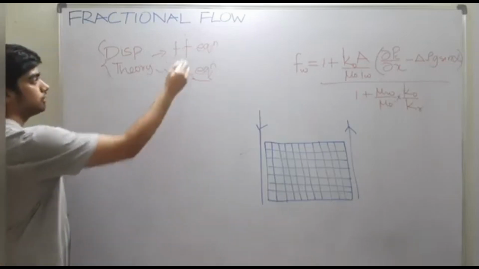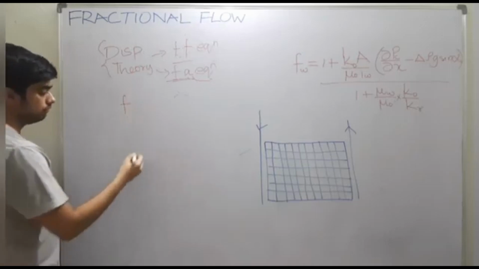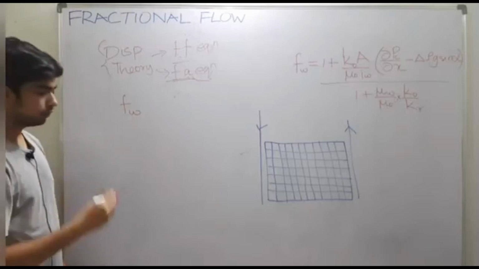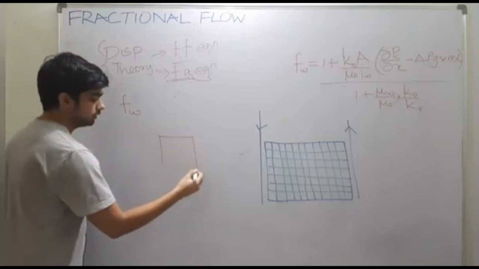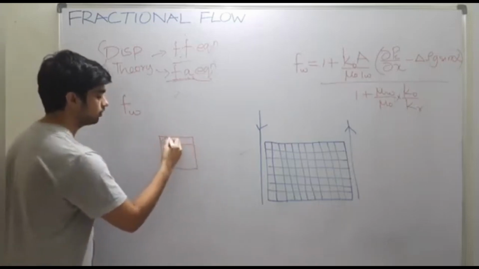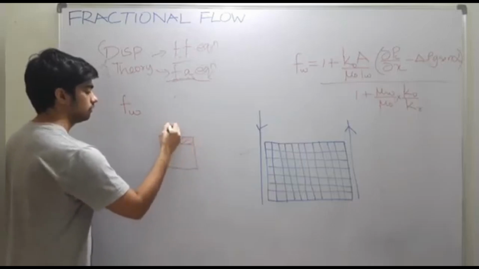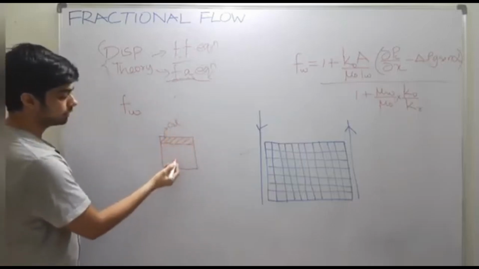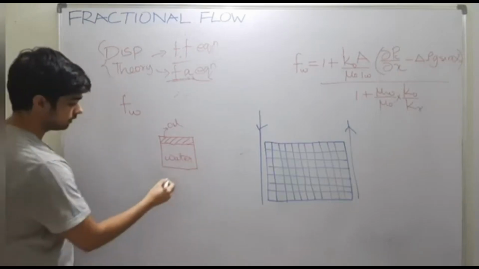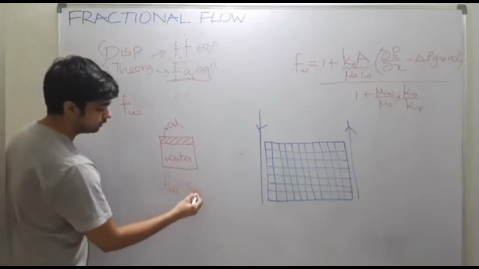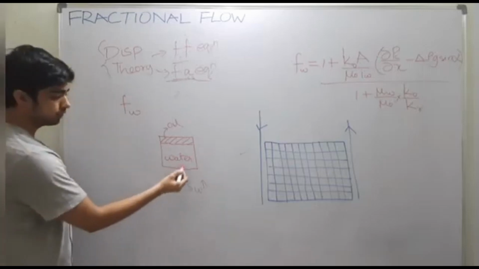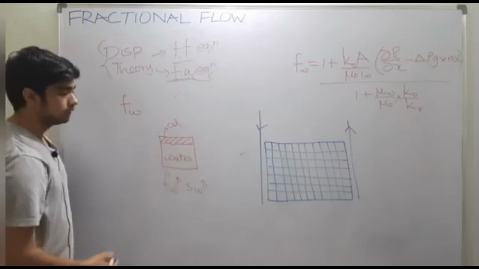So if we talk about the fractional flow equation, fractional flow for any fluid is not exactly the flow rate. This is our block, and let us say this block is partly filled with oil and the majority of the box is filled with water, and we know that fractional flow increases with saturation. So we can see that the saturation of water is higher in this small box.